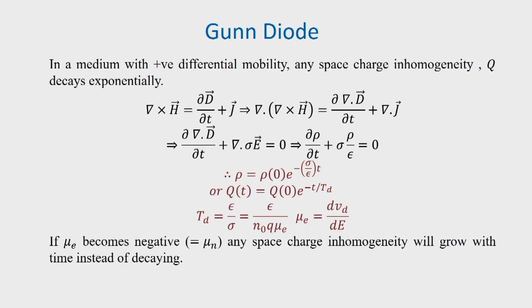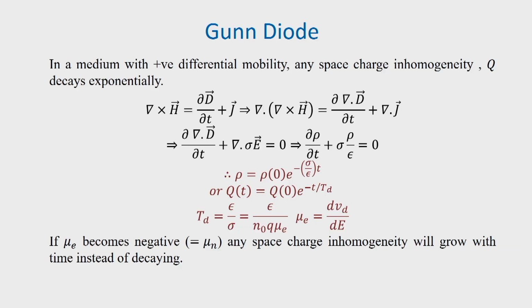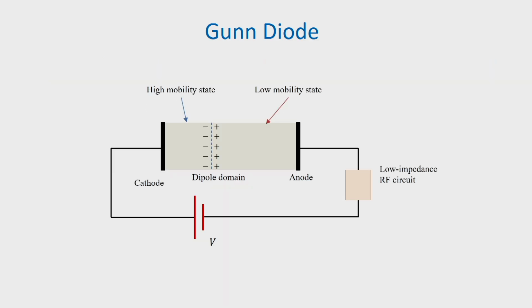So, we have seen that when we have a negative differential mobility, and the device operates in the negative resistance region, a space charge inhomogeneity, if it is present, grows instead of decaying, and this forms the basis of the operation of a Gunn diode.